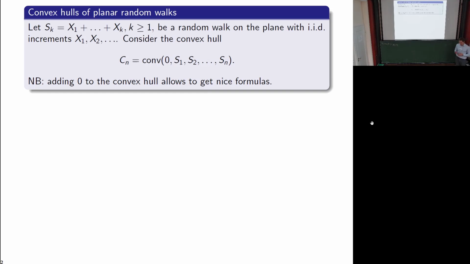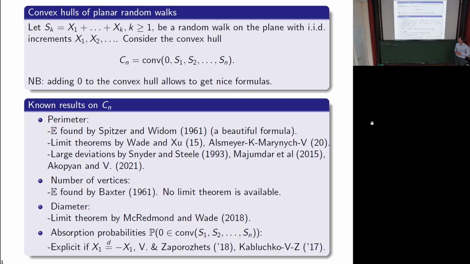So this is a random polygon, and we are interested in different characterizations of this random polygon. There are many known results about this quantity. You can describe it in different directions. So for example, you can look at its numerical characteristics like perimeter, number of vertices or diameter, and there is a huge list.